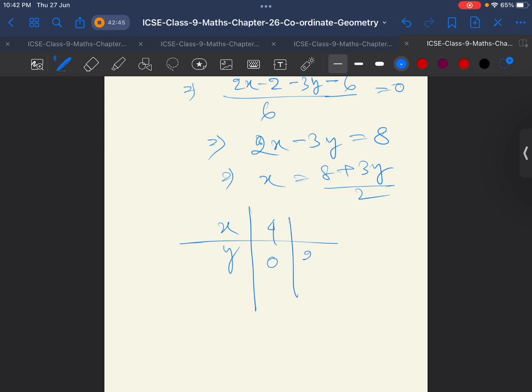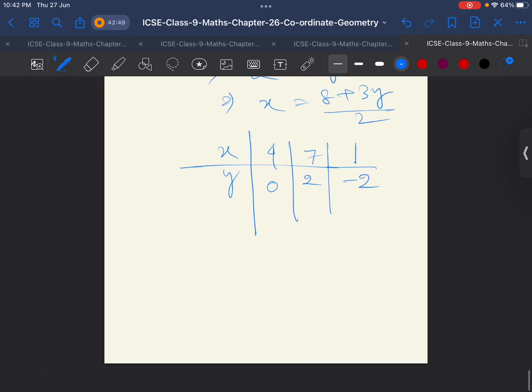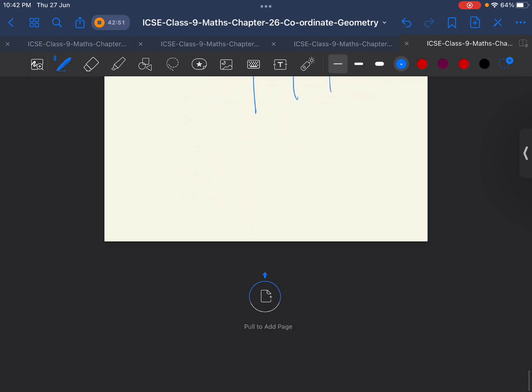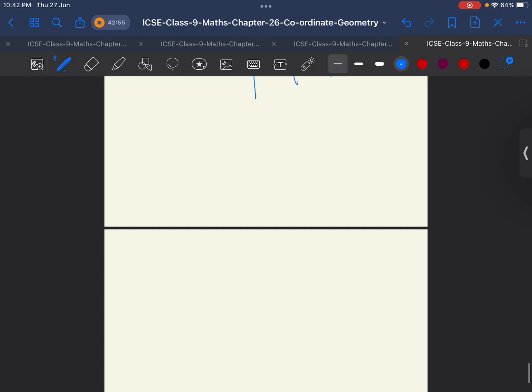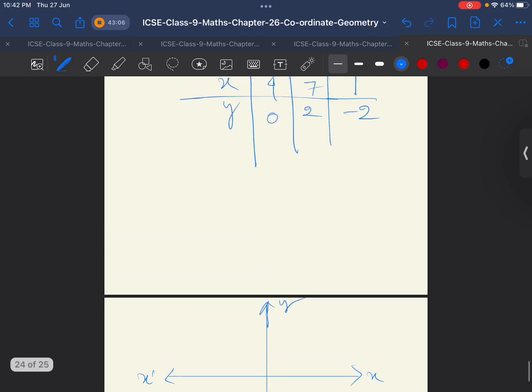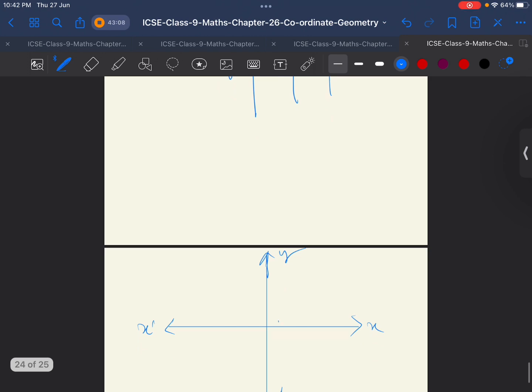If y is 0, x is 4; y is 2, x is 7; y is minus 2, x is 1. Now we plot these points in the graph. So the required graph is, so this is x and x dash, y and y dash.